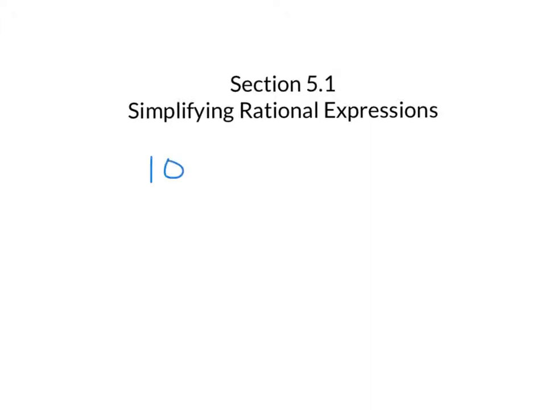If you are given the problem 10x squared divided by 15x to the fourth, you can simplify that. First of all, it's called a rational expression because rationals are when numbers are written as fractions, and this is written as a fraction.